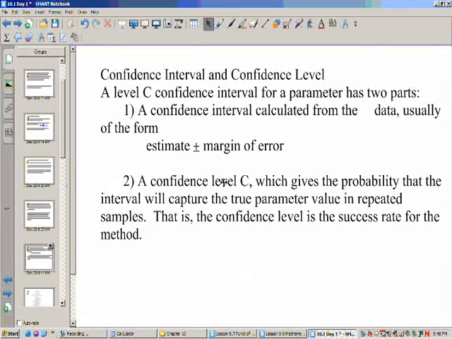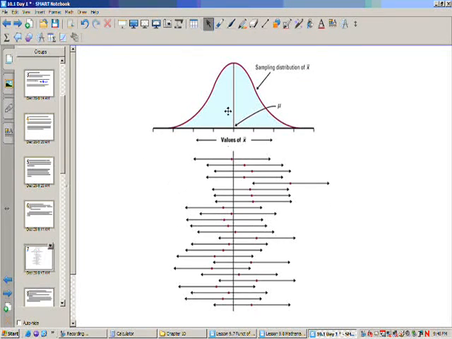All right. Now the confidence level gives the probability that the interval will capture the true mean in repeated samples. So it's a success rate for that method. We don't know the sampling distribution when we take one sample. Our data could be here, here, here, way out here. We'd have no idea.